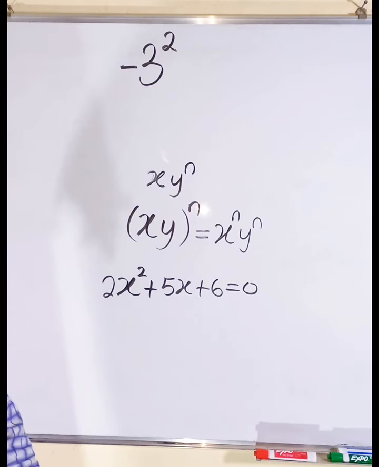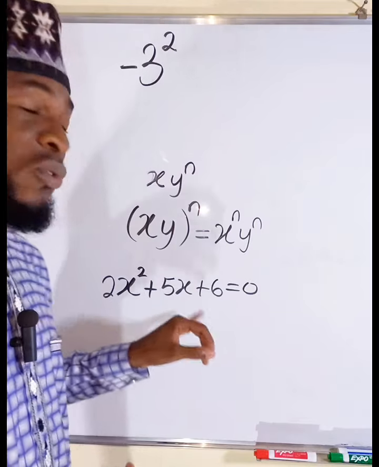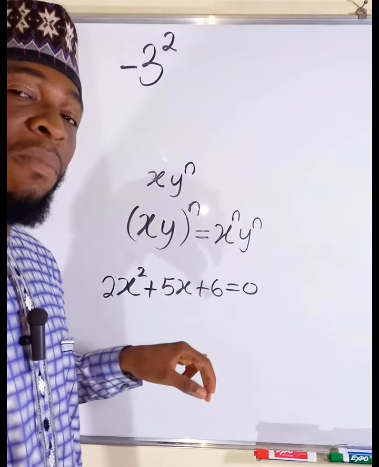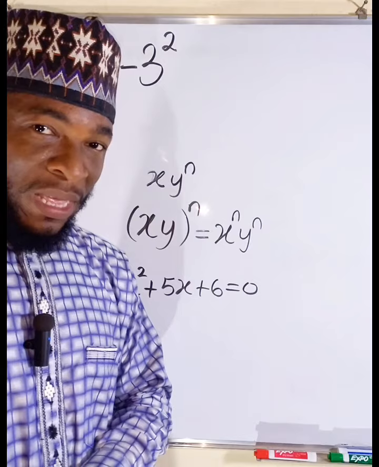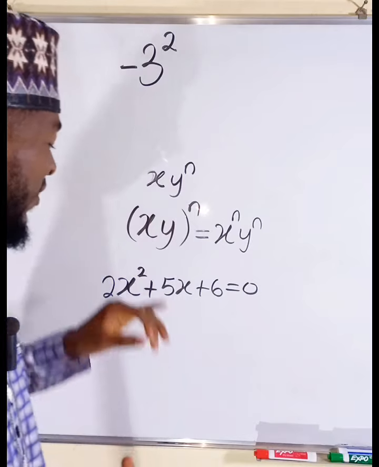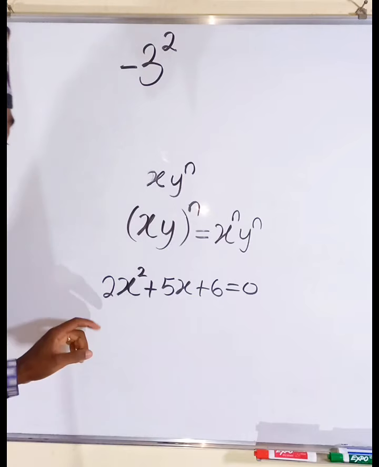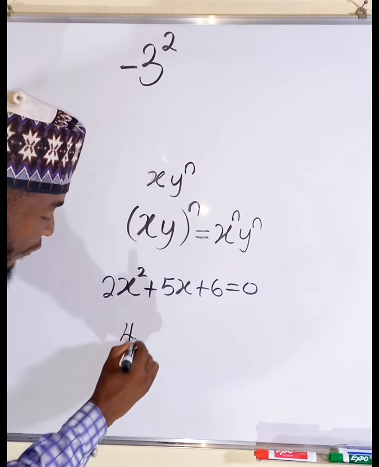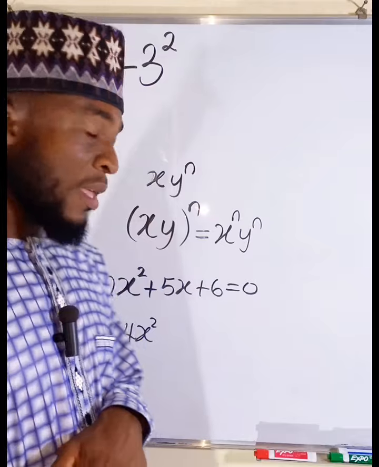Of course it is. And you should know that in algebra, we use letters to represent numbers, which implies that x is also a number. It is representing a particular number in this equation. And we know that this power of 2 is only affecting x, because we cannot say that after simplifying this, we must get 4x squared. This is wrong. The power of 2 is only affecting x.